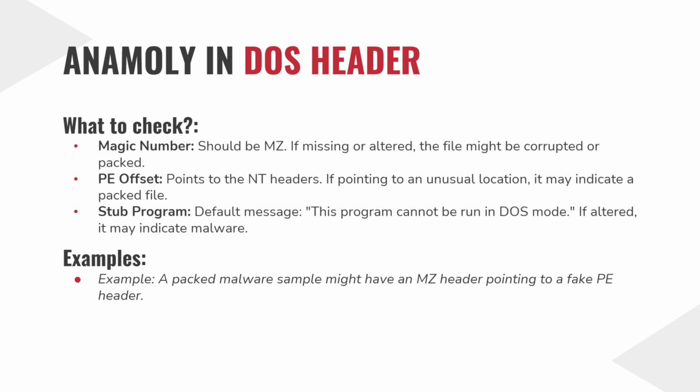Second is e_lfanew, the last field which I just told you about, which points to the location of the PE header. If it is pointing to an unusual location, it may indicate that this is a packed file. Third is the default message that this program cannot be run in DOS mode. If this message is altered, it may be indicative of malware.